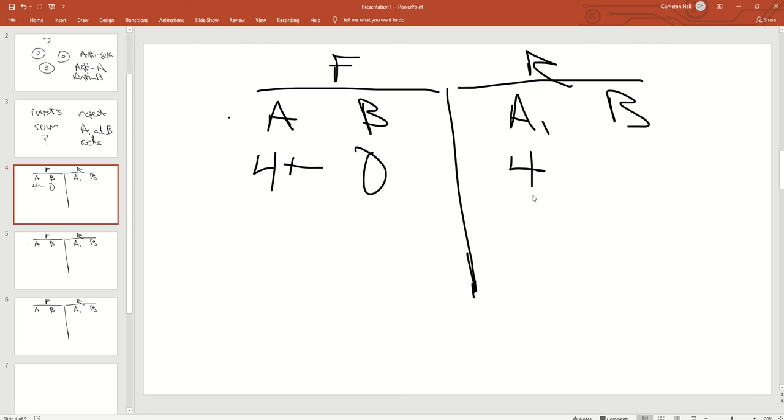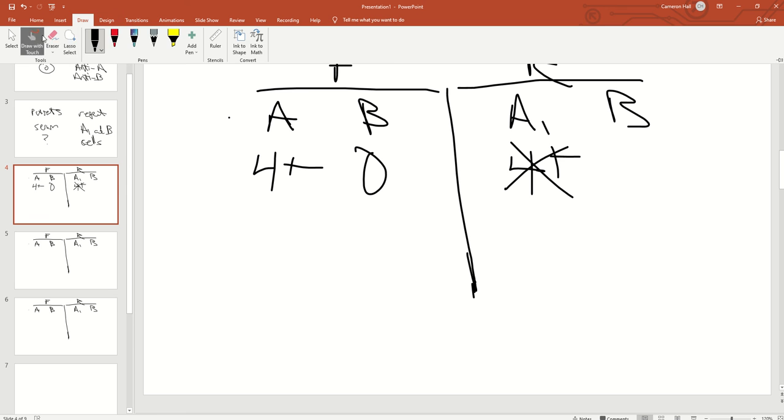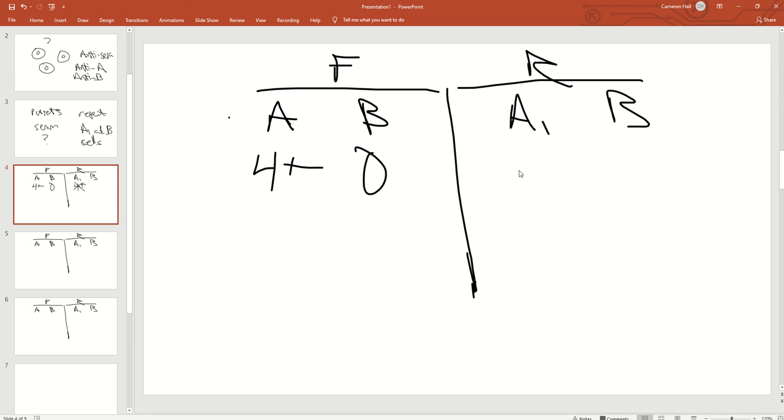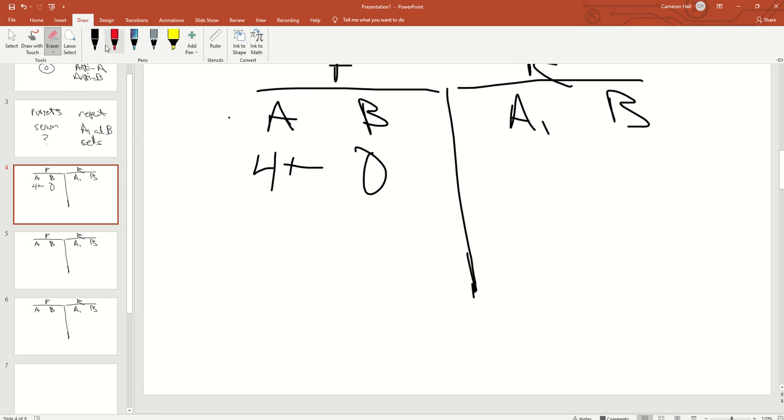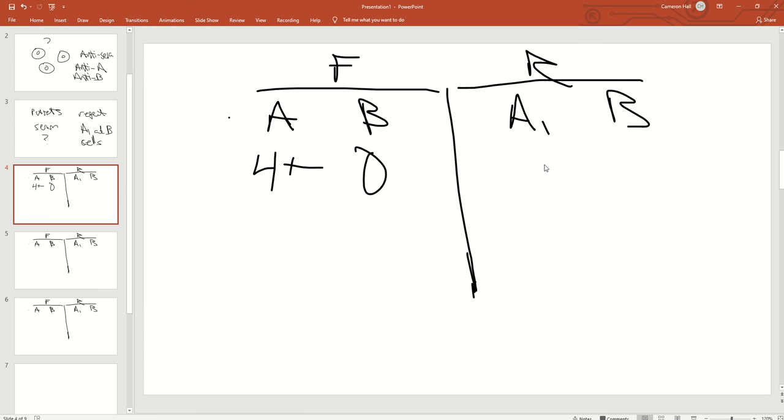Should we expect 4+ here in A1? No, we should not. The reason being, if it's true that the patient has A antigen on their cells, they shouldn't be making anti-A, right? Because that would mean they're making an antibody against their own antigen. They're not going to do that.